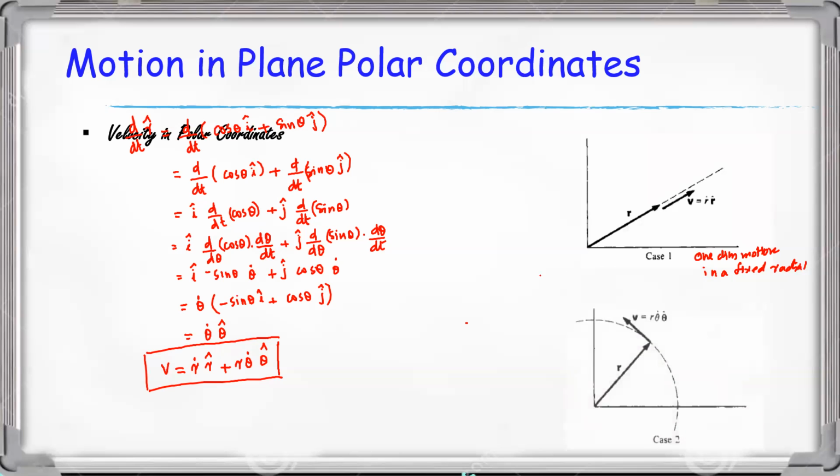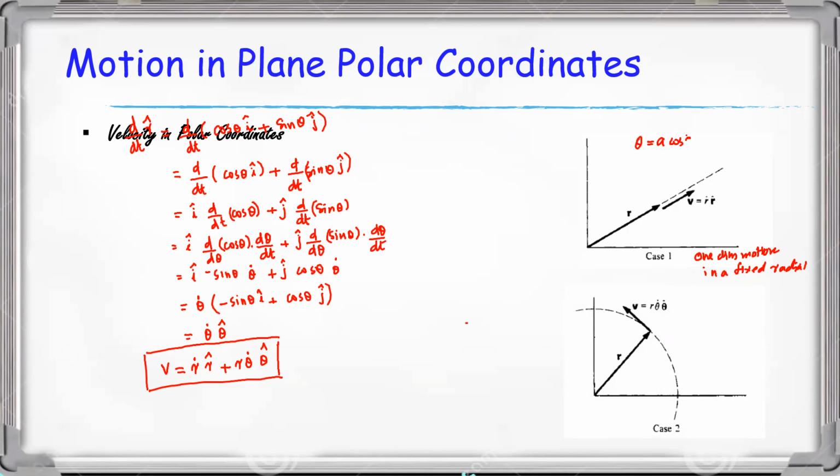Then consider the second case. In the first case, we consider theta equal to a constant and r varies.